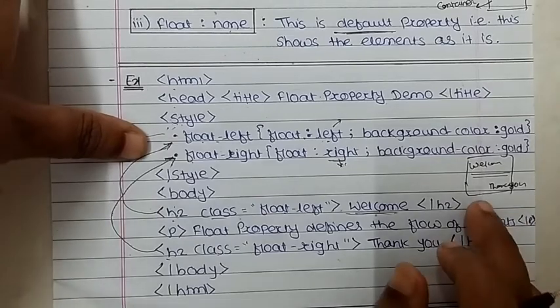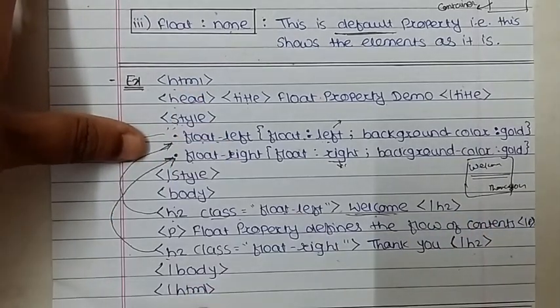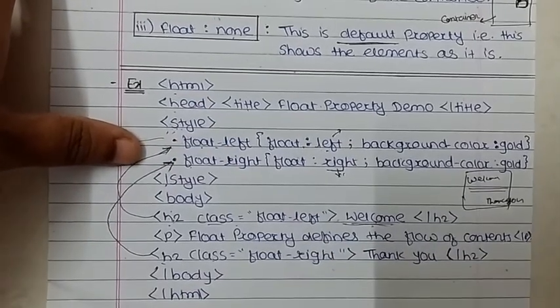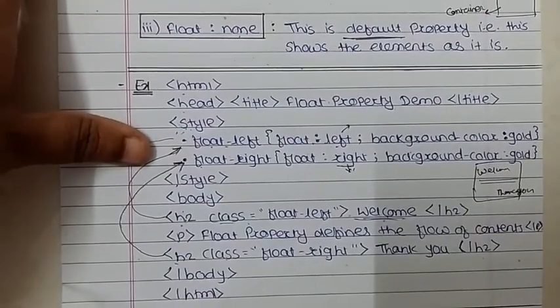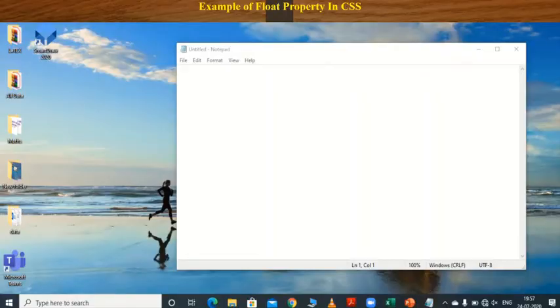Like this. So we will see the output of this program practically, and we will discuss this concept. Okay, clear? We will start here, program execution based on the float property in CSS.